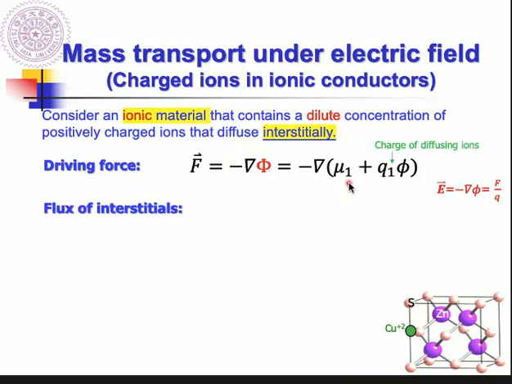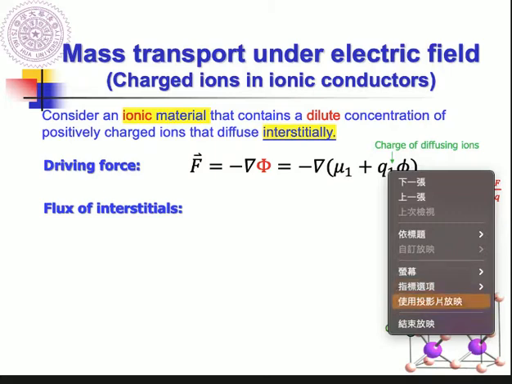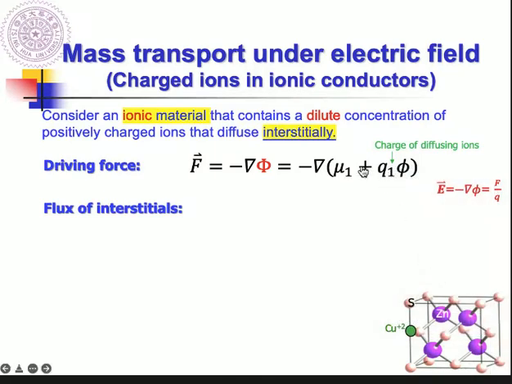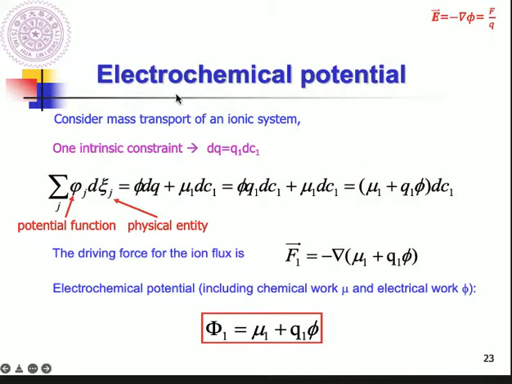As long as this is a potential, when you try to formulate the potential of this charged ion in the ionic system, you need to modify the potential, and some people will call it, for example, the electrochemical potential.